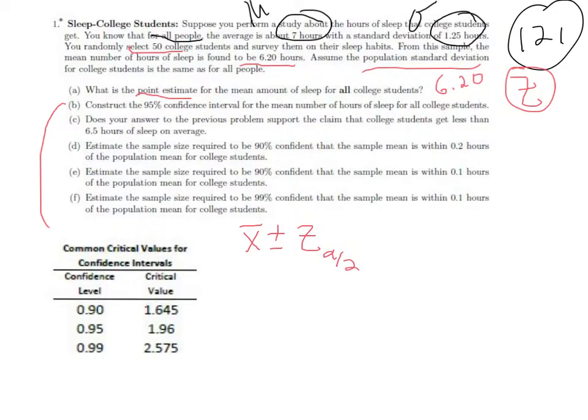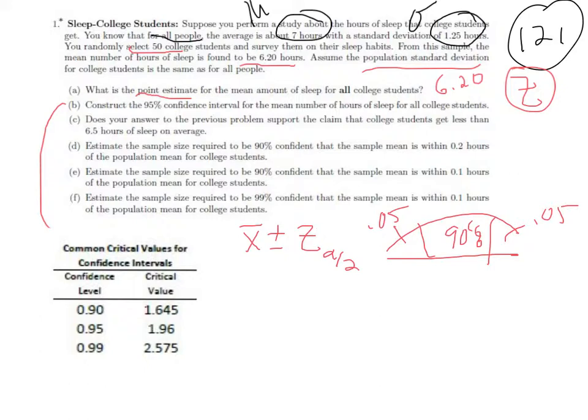Well, that's just saying if we're looking for a 90% confidence interval, there's a 10% chance we miss it, half of it on each side, and that's where we're getting the alpha divided by 2. Okay, the 5% on each side. And since they gave us this little mini table, we don't even have to worry about that.